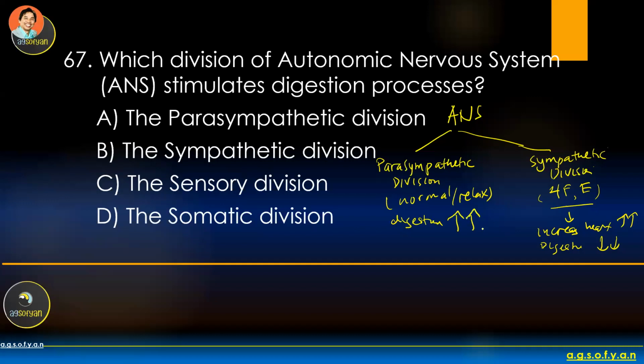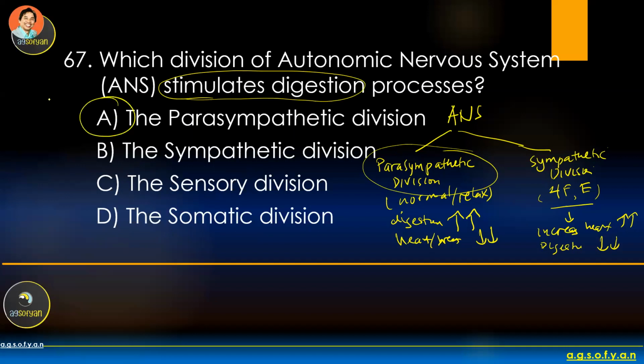This is the time when we produce a lot of ATP, and our heart rate and breathing rate will be normal, which is decreased. So these are the two ANS divisions. Now the question is, which division of ANS stimulates digestion? Of course, it is the parasympathetic innervation. So the answer will be the parasympathetic division.